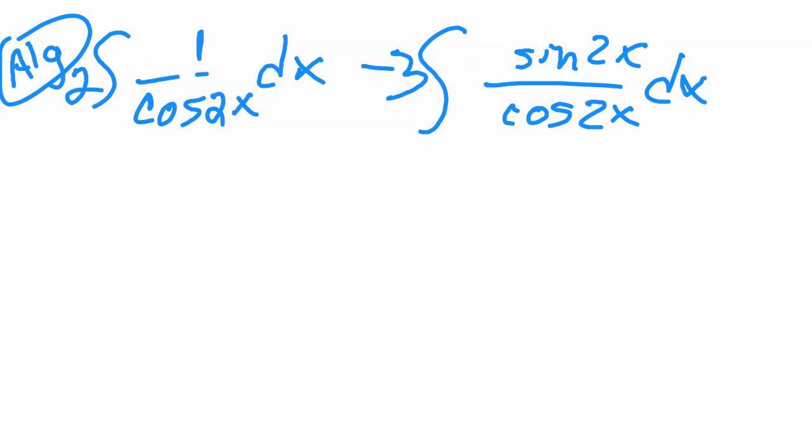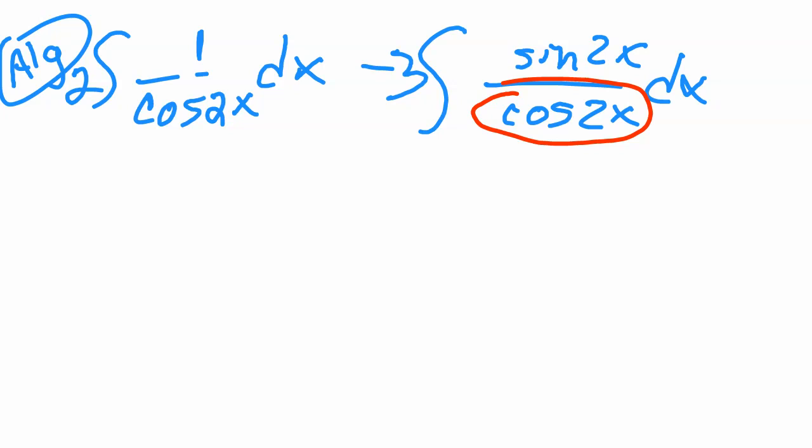The one that I was just doing, I could let u equal sine 2x is one way to do that. So once again, if I wanted to come back here and use substitution, let u equal cosine 2x, then du equals minus 2 sine 2x dx.